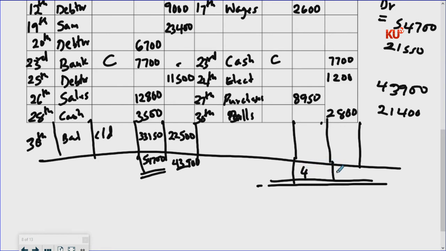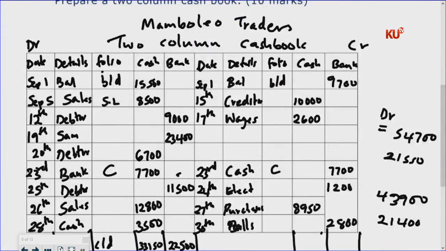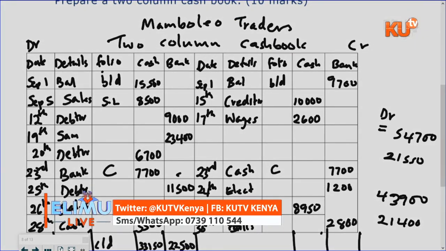So that is 43,900 and then we have this as 54,700. Good, that is our entry for this question on the 2-column cash book.